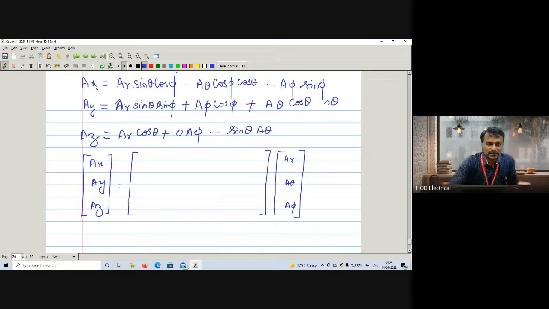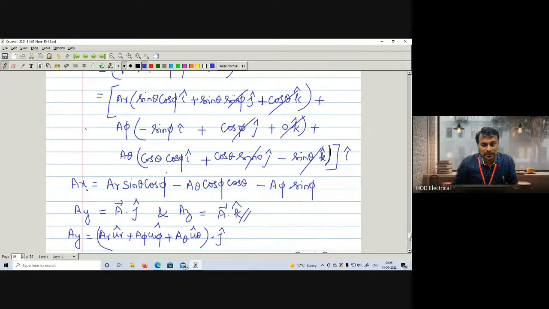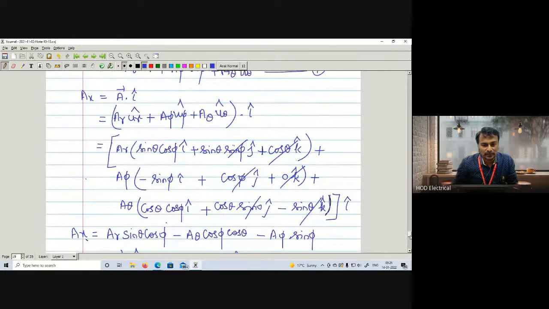So AX we can write sin theta into cos phi, then cos theta into cos phi, then minus sin phi. We will have this matrix.